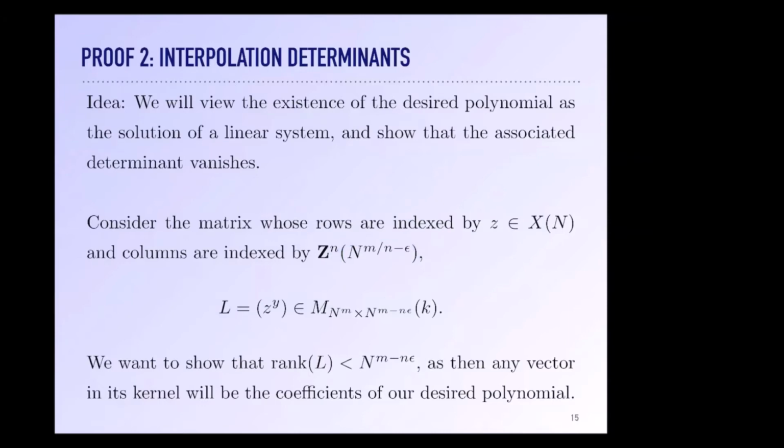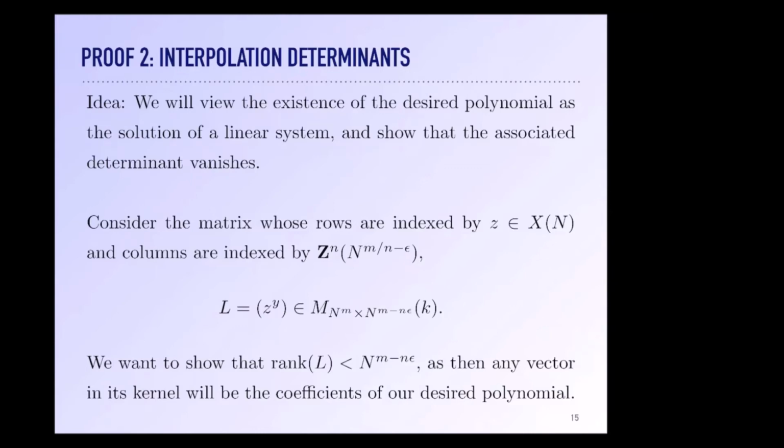Okay, and so then I make a matrix that I call L, which is z to the y, right? So each row of this is the set of monomials of degree up to this quantity evaluated at my z, right? And so if I multiply that by a vector, then that gives me the value of the corresponding polynomial evaluated at that z.